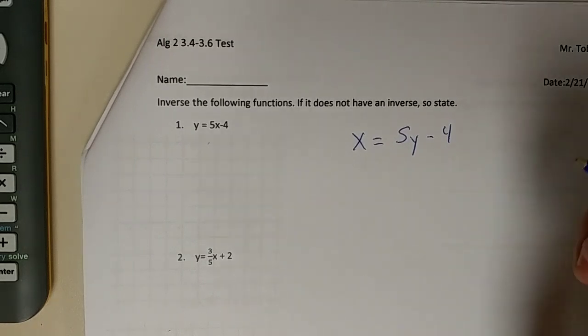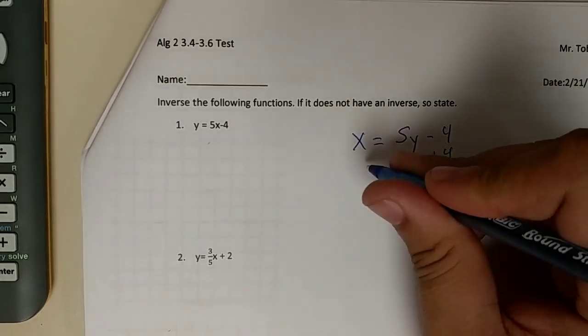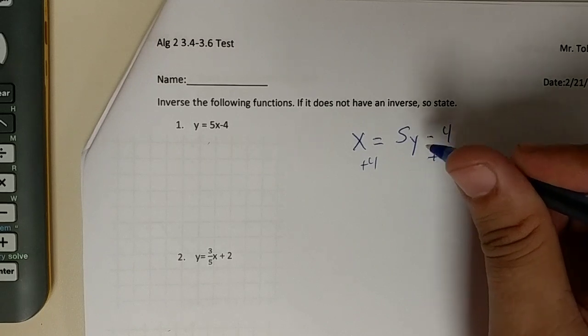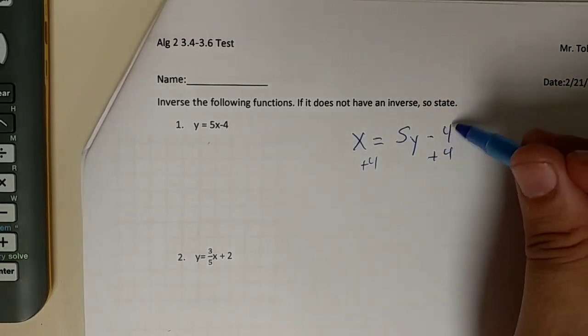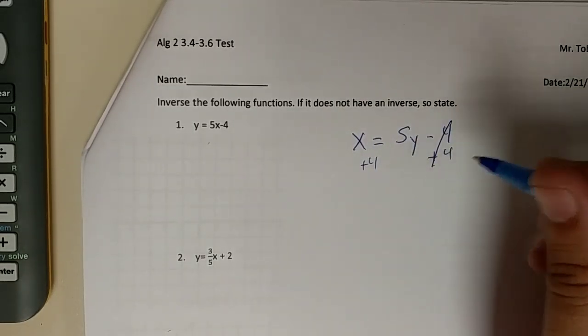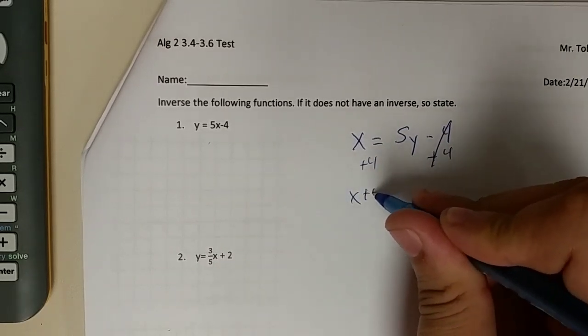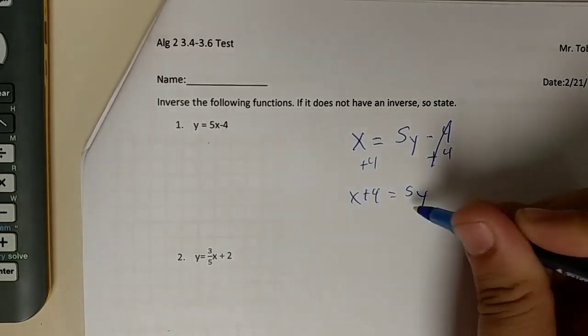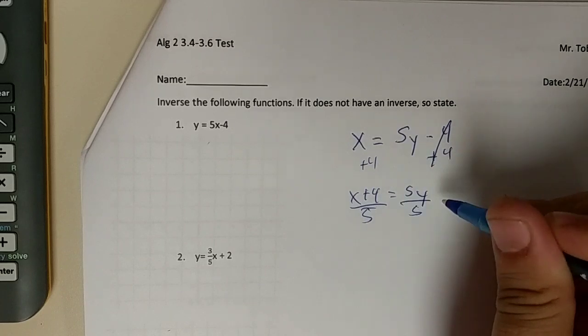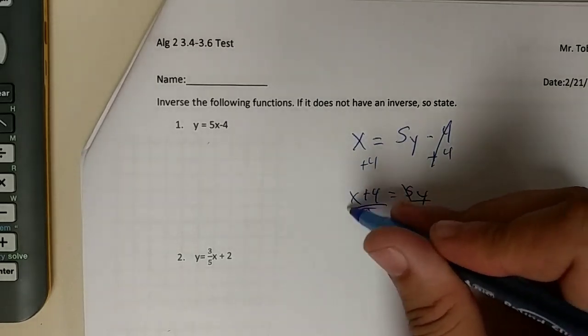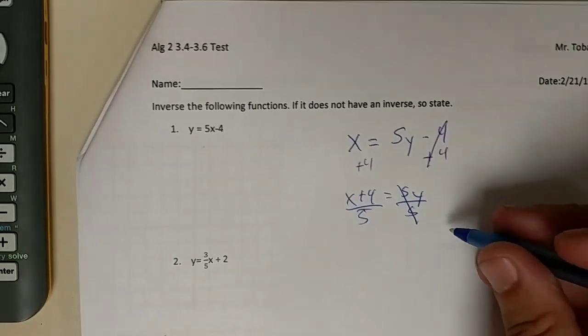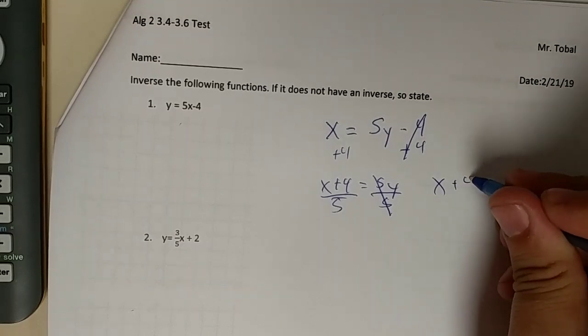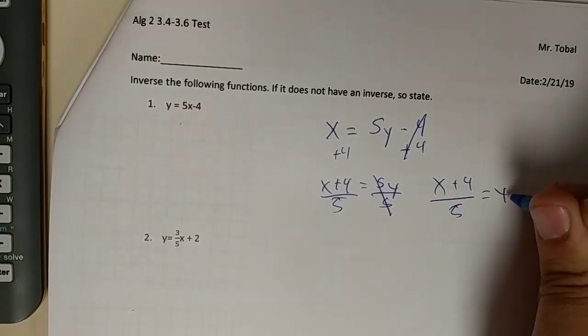Then after that, I want to get y by itself. And the way I get it by itself is adding 4 on both sides, allow me to cross this out. So x plus 4 equals 5y. Then I'm going to divide it by 5 on both sides. Now, I can't simplify that in any way. So my final answer is x plus 4 over 5 equals y.